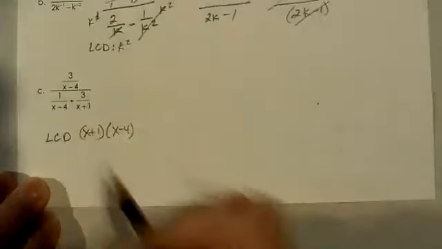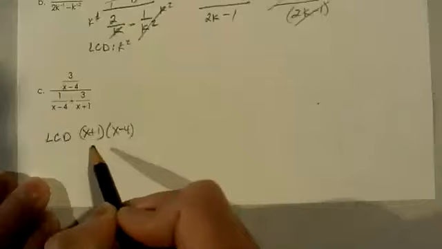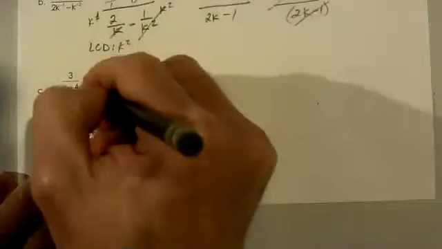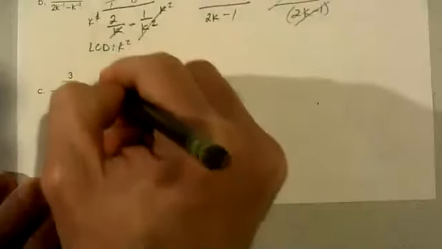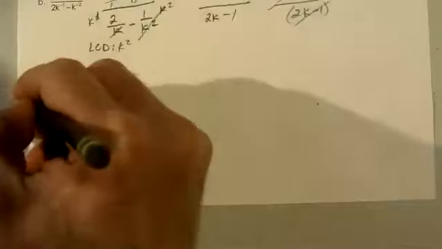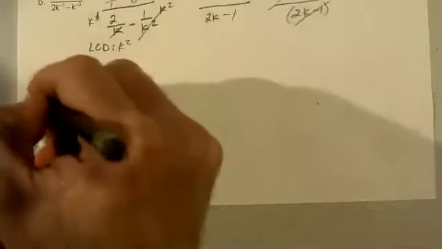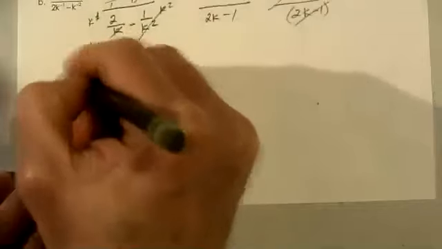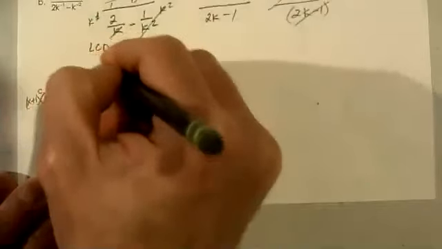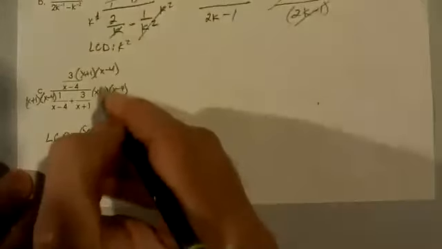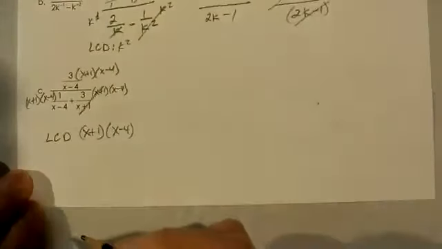We're fine with that. So our LCD is x plus 1, x minus 4. So we take that and multiply it to each of the terms. And by doing that, you can now start your eliminating.